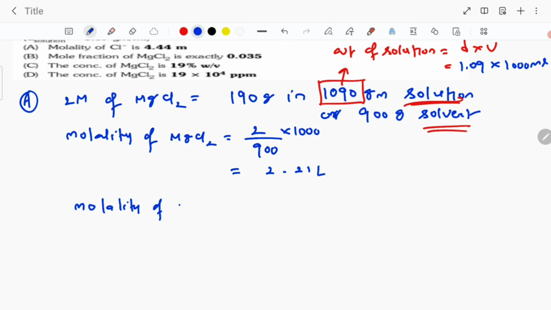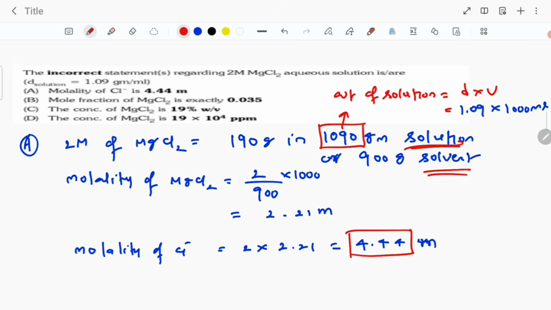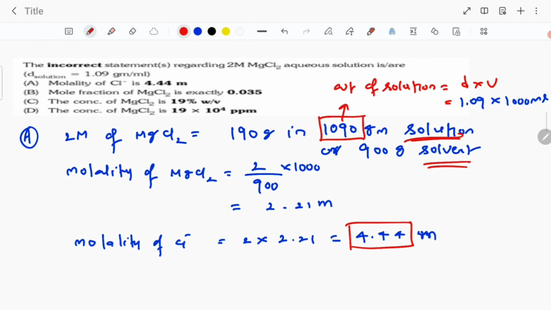So molality of Cl minus is equal to 2 into 2.21. Sorry, here it is molal. 2.21 into 2 is equal to 4.41, or you can say 4.44 molal. Overall answer. So is any option matching here? The first option is correct. Then they're asking about incorrect.